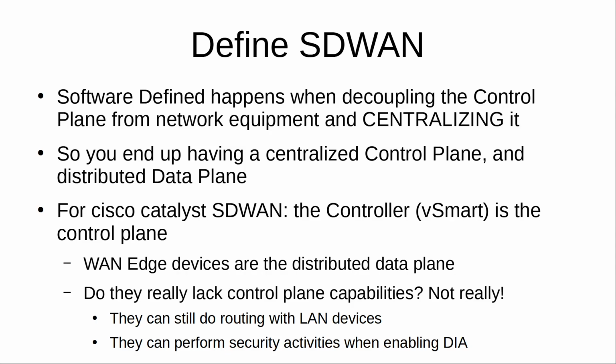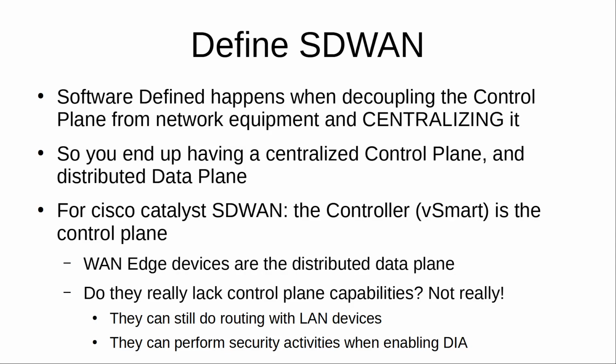So for Cisco Catalyst SD-WAN, theoretically, the control plane has been removed from your WAN edges and it has been placed in this device that we know as the controller, or formerly known as vSmart. That is the appropriate definition of SD-WAN.